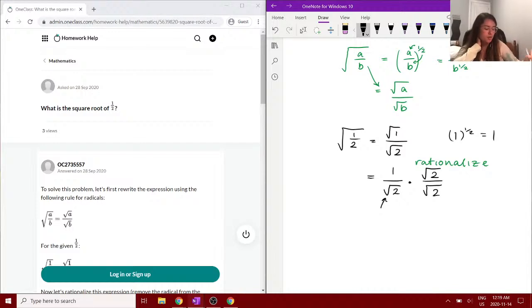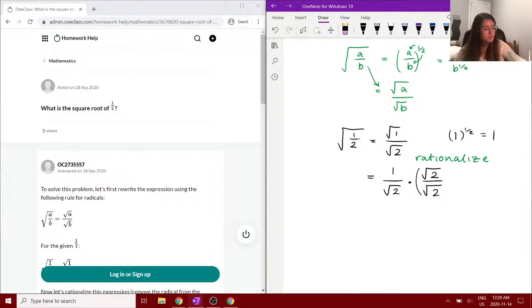We want to get rid of the radical in the denominator, okay? We prefer to have them in the numerator when possible. So what we're going to do is rationalize, and that is multiplying our original term by the radical found in the denominator. In this case, it's the square root of 2.